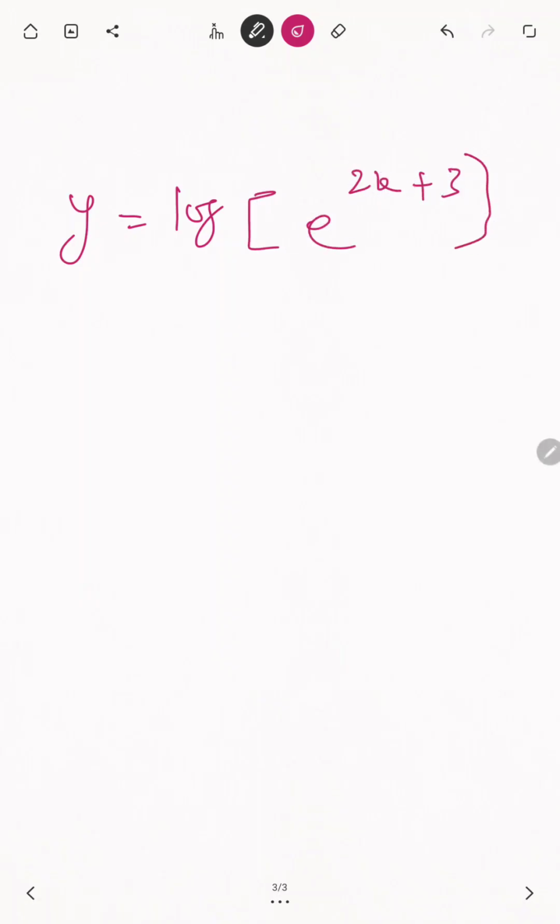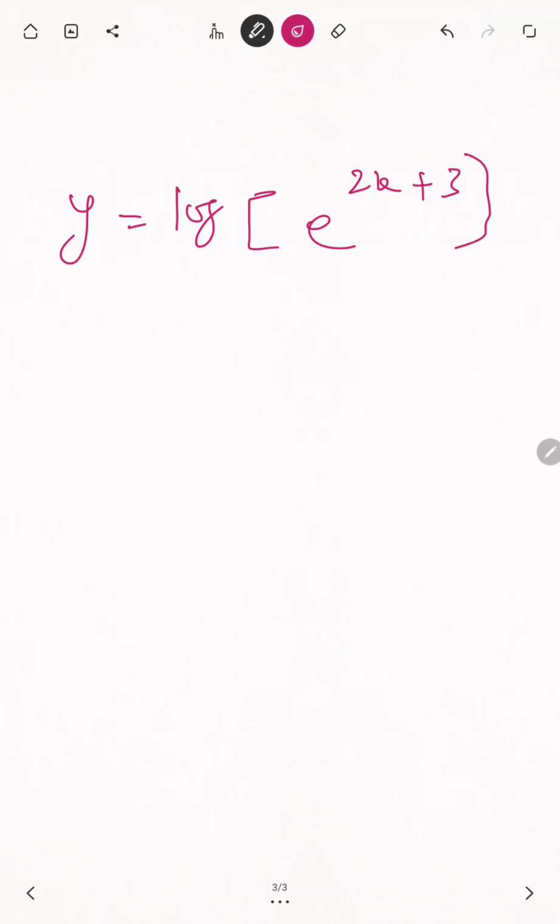Other thing, y is equal to log of e power 2x plus 3. What sir told you?